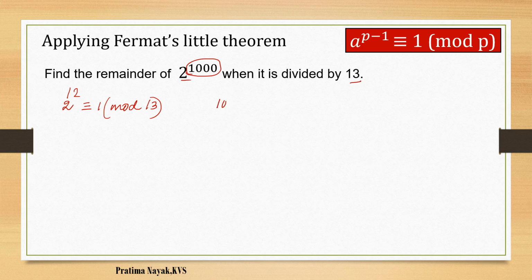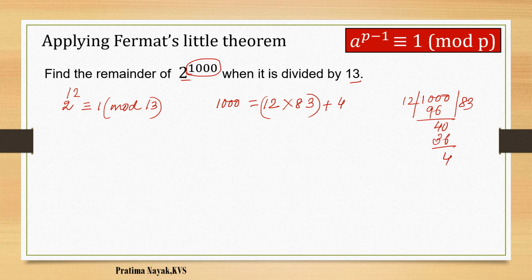So 1000 is equal to 12 into 83 plus 4. Divide 1000 by 12. 12 8 times is 96, 12 3 times is 36.